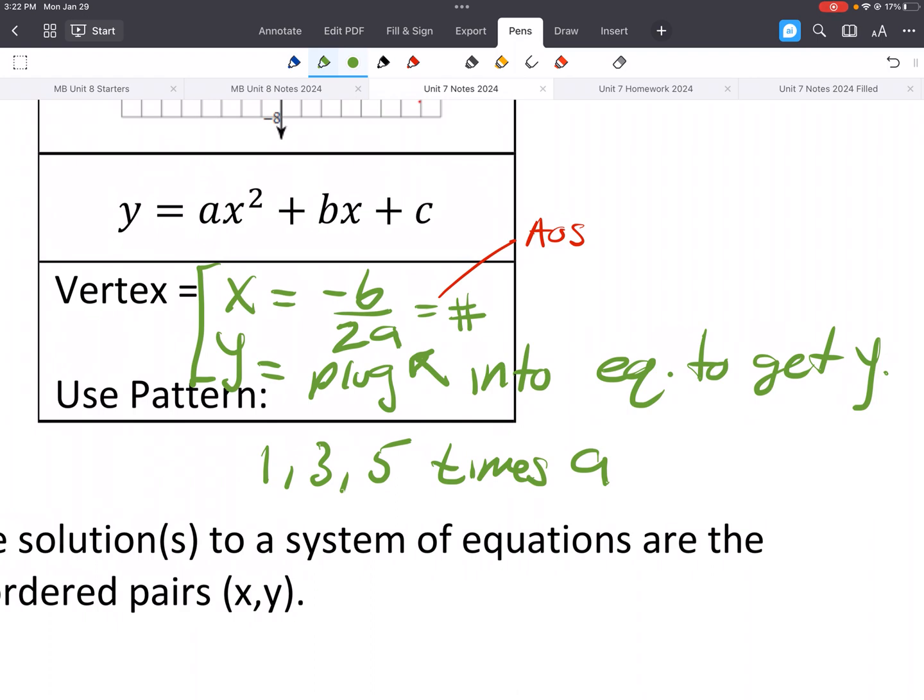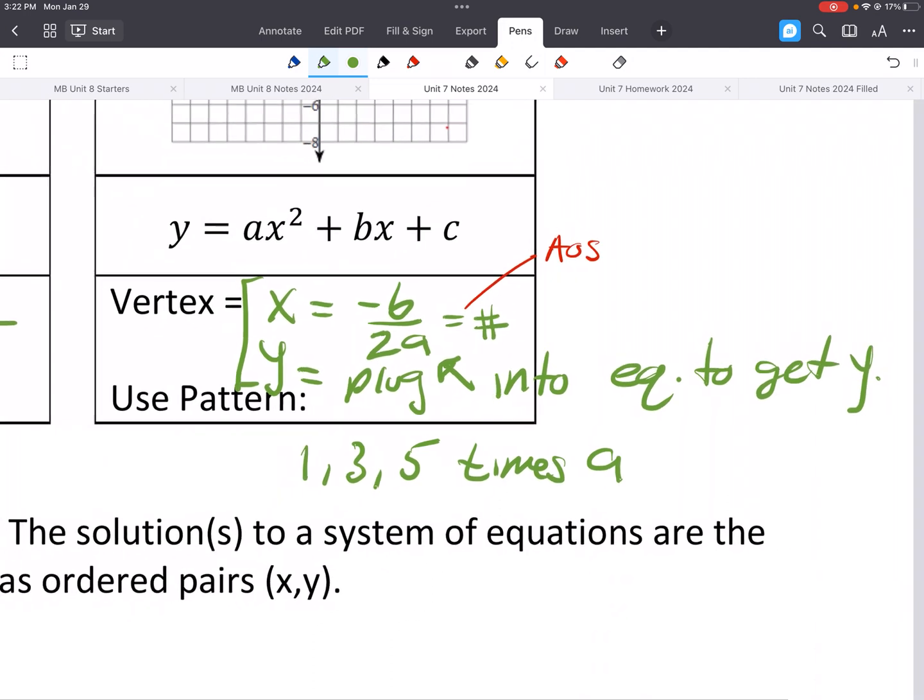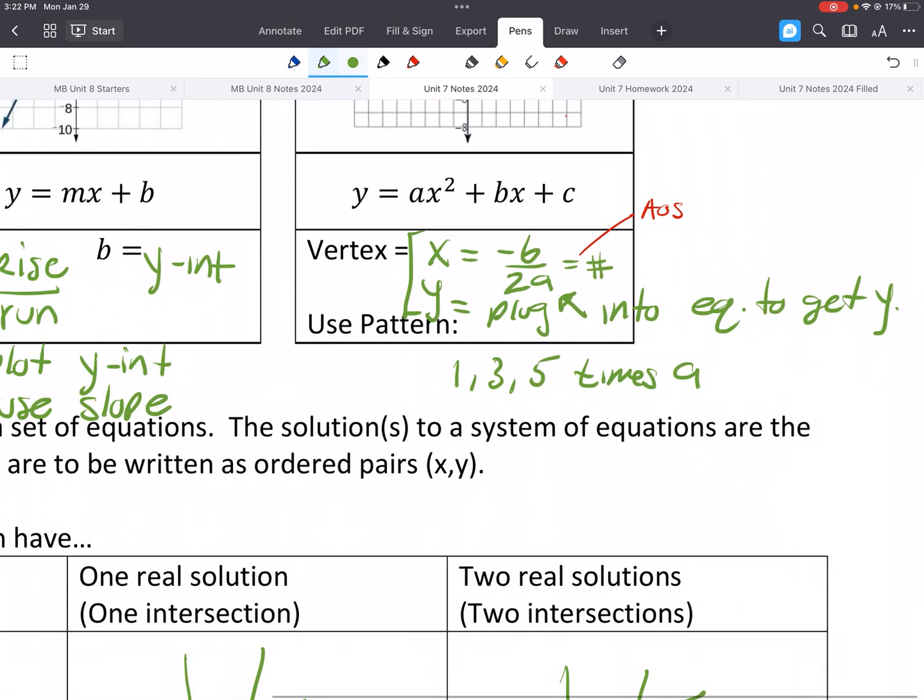If a is 1, then we'll do over 1, up 1, over 1, up 3, over 1, up 5. If a is 2, then we double that, so it'd be 2, 6, 10. And if a is negative, then it's going to go down 1, 3, 5, or down 2, 6, 10. We'll do an example of that in just a minute.